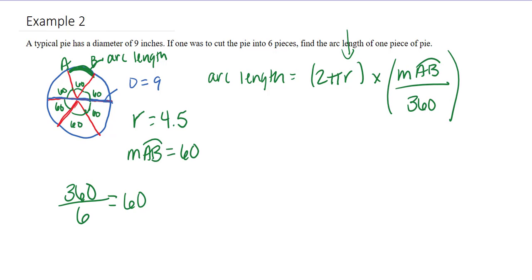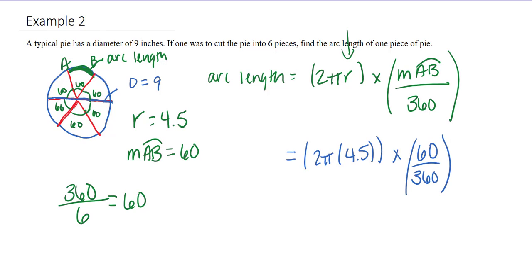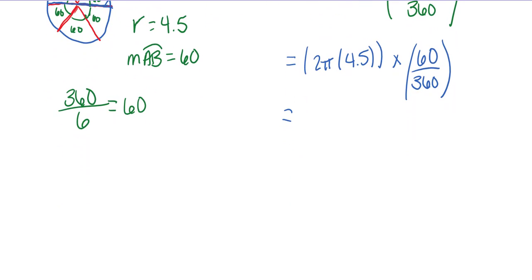So let's go ahead and fill this in. So we get 2 pi and then 4.5 times, and we're doing 60 over 360. Now, 2 times 4.5 is 9, and then pi, we're going to go times 60, and then divide by 360.